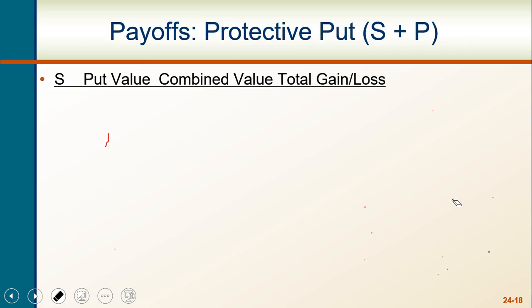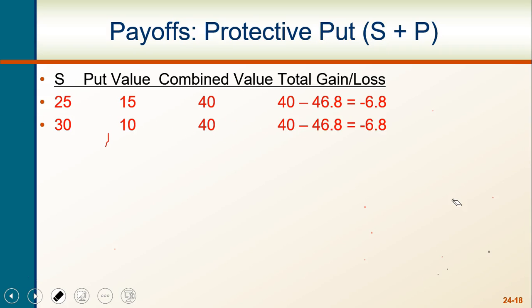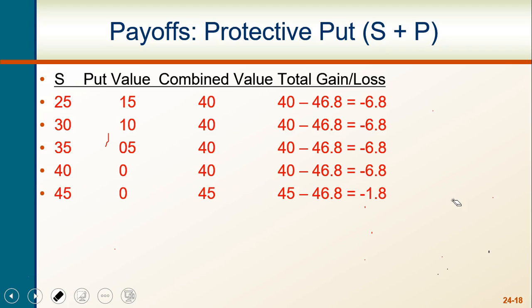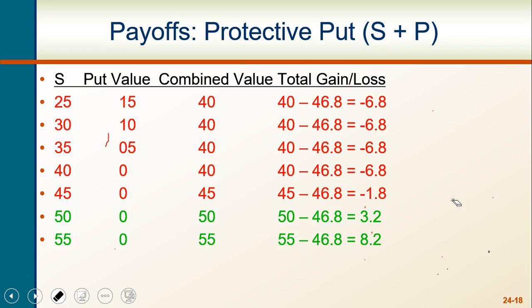Right, so these are the various scenarios we were talking about. You can observe when you play the video, you can pause and look at it or rewind and see it again. So you see, as long as we are in the loss-making situation, which is highlighted in red color, the loss is never exceeding $6.80. But when we move into the gain territory, which is the green territory, the gains keep on rising, starting from 3.2, moving to 8.2, then moving to 13.2.